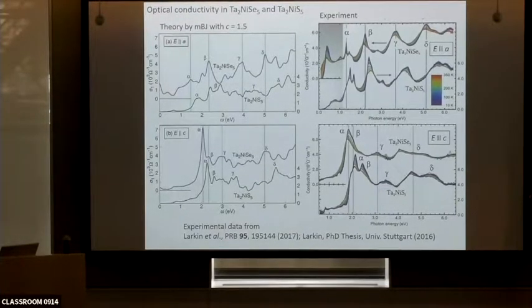Okay, so this value is picked in order to match the peak. But I think this 1.5 is not too large. It's a standard. I'm not an expert. And you need to make the same assumption for both materials. That's right.